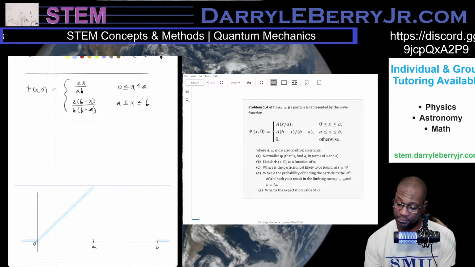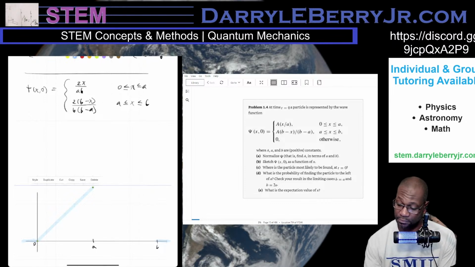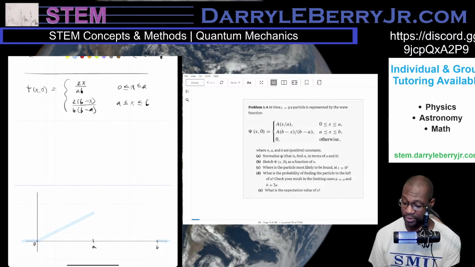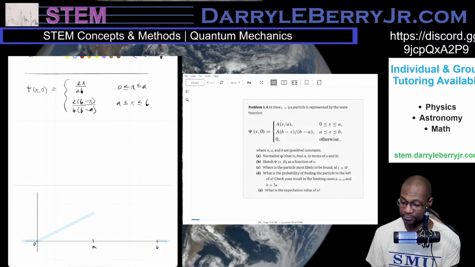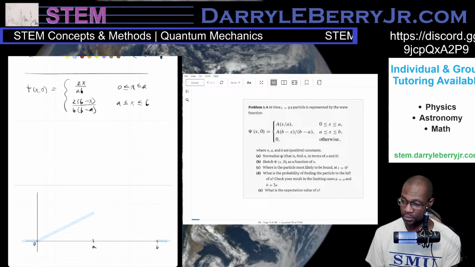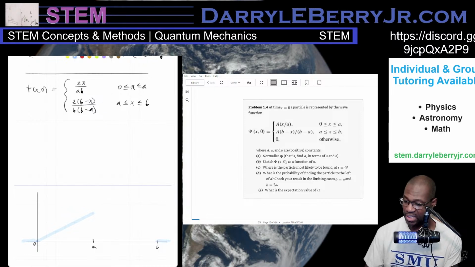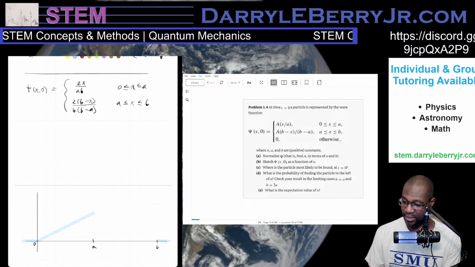But the denominator is going to make it smaller along the way. So perhaps it's something like this, because a and b are constant. I could be wrong about this graph, but this is what I would do given what I have here.